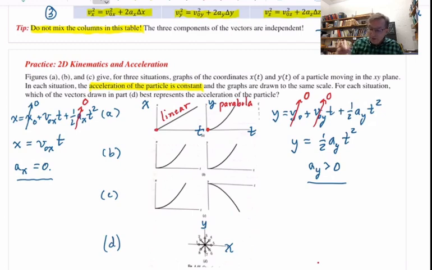So here I am in situation A. I've deduced that this particle is moving such that its x acceleration is 0 and its y acceleration is greater than 0. What must the vector a look like if we were to sketch it in the xy plane? Now the axes are x and y.